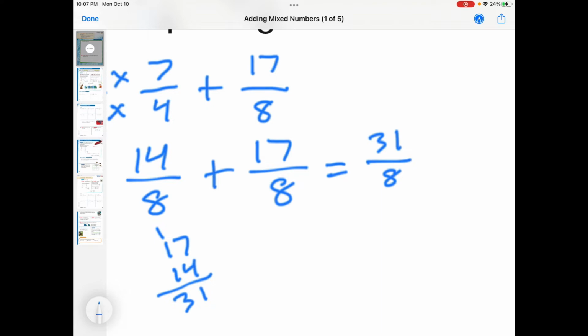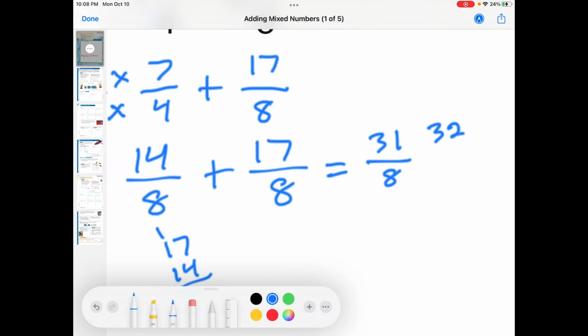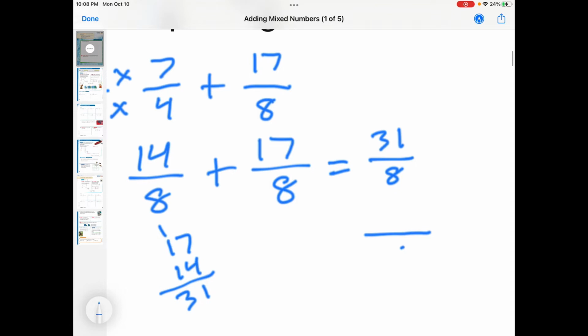Okay? Now, I know that 8 goes into 32 4 times, right? But that's not 32, that's 31. So if 8 times 4 is 32, then that means that 8 times 3 is going to be 24, okay? So I'm going to take this and convert it down here. I'm going to keep my 8 denominator, but I'm going to divide because, as we know, all fractions are division.